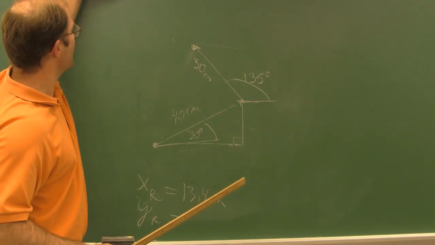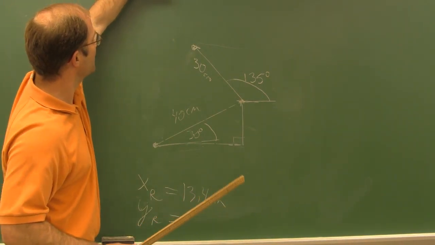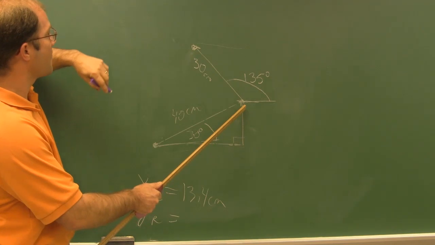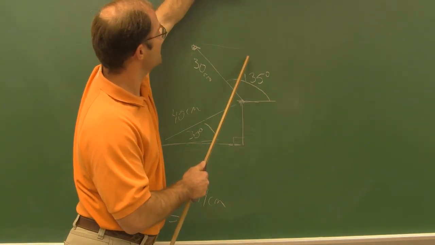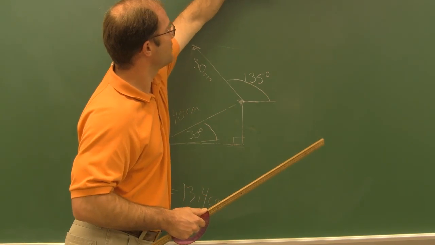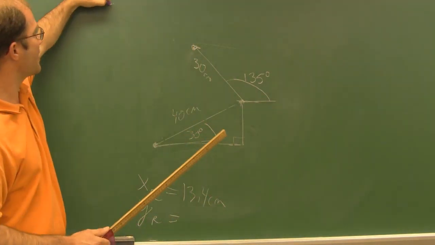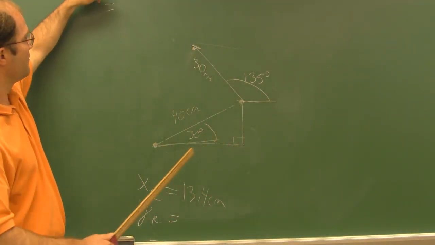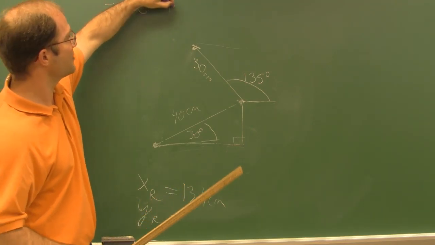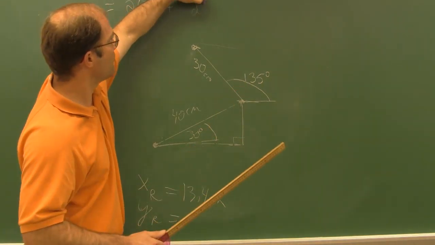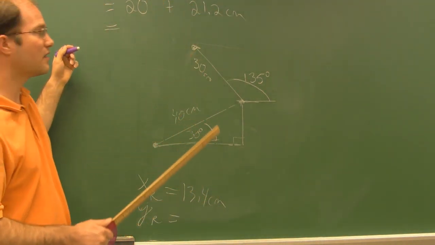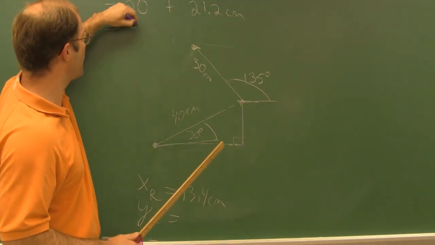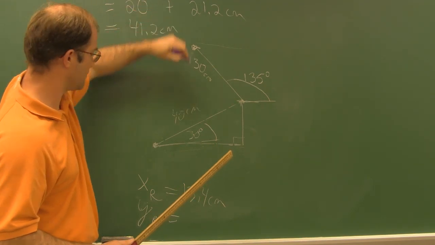We have 40 times sine of 30, this vertical component, plus 30 times the sine of 135. That gives you 20 centimeters plus 21.2 centimeters for a total vertical component of 41.2 centimeters.